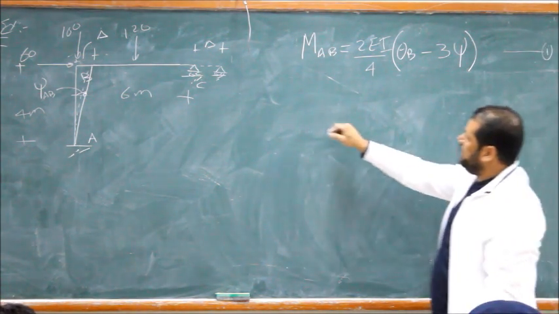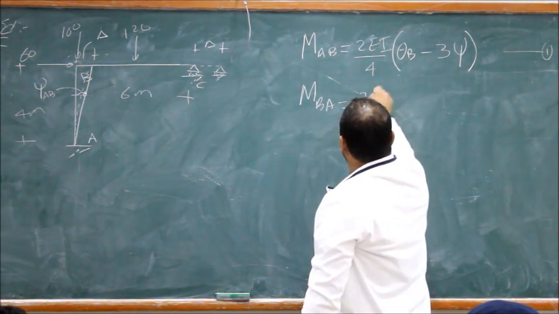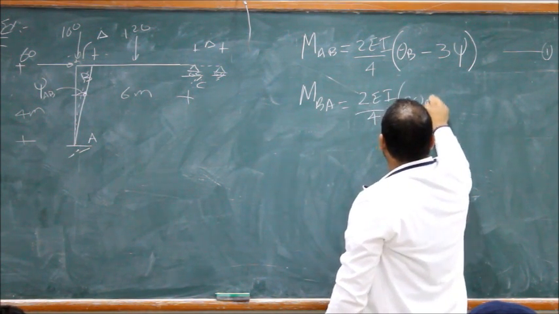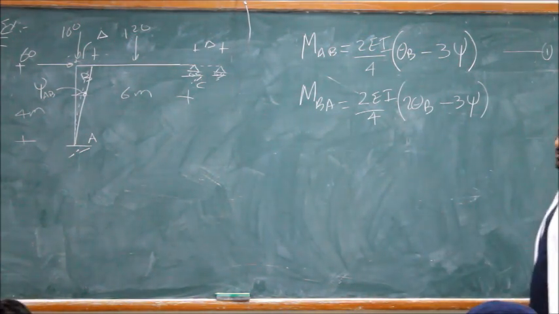And MBA equals 2EI over 4 times (2 theta B minus 3 psi). Fixed end moment is 0.